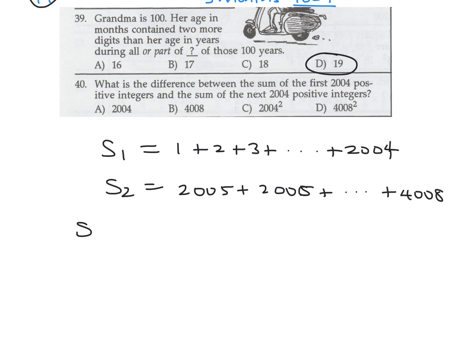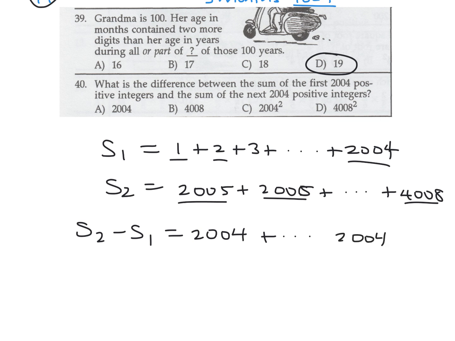So what do they want? S2 minus S1 basically. So if you do this, this minus this is 2004 and so on. And this minus this would be 2004, and then the first one minus 1 would be 2004. So they're all equal to 2004, and there's 2004 of them. So it'd just be 2004 times 2004, which would be 2004 squared, and that is C.